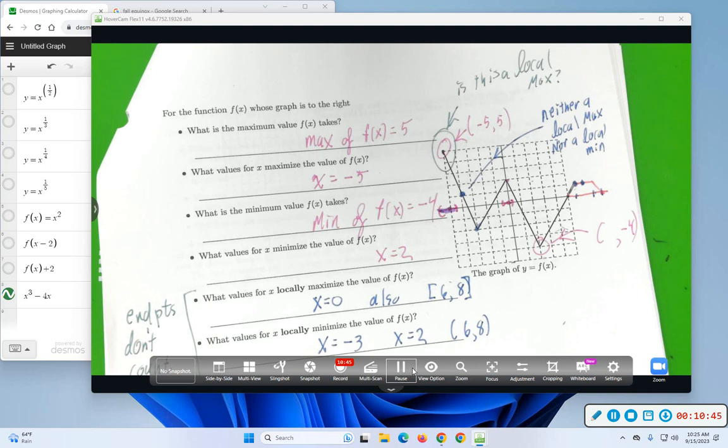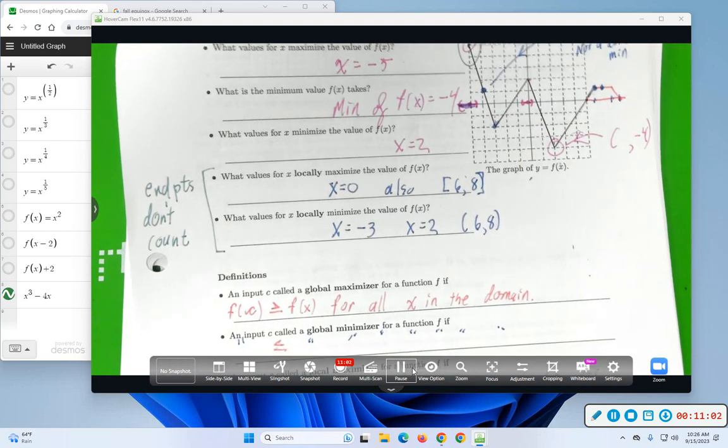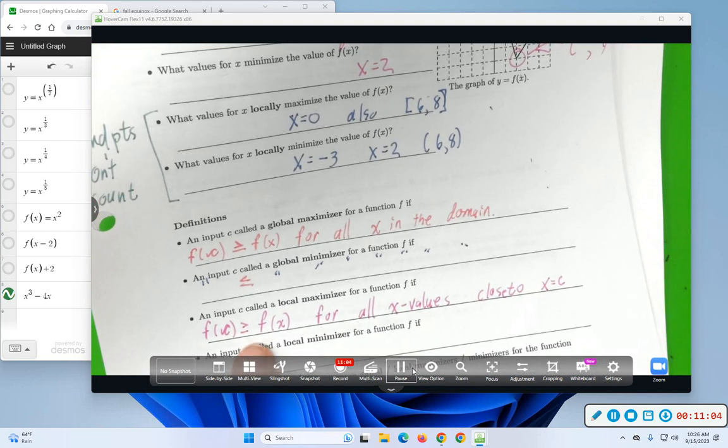Is negative 5.01 in the domain of this function? So can I even compute f of negative 5.01? Negative 5.01 is really close to negative 5, so you can't even check this inequality if you're at an endpoint. That's why I would exclude endpoints from consideration.